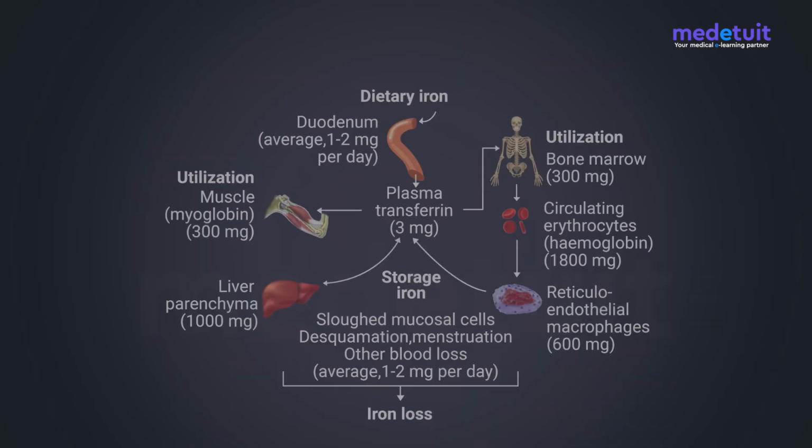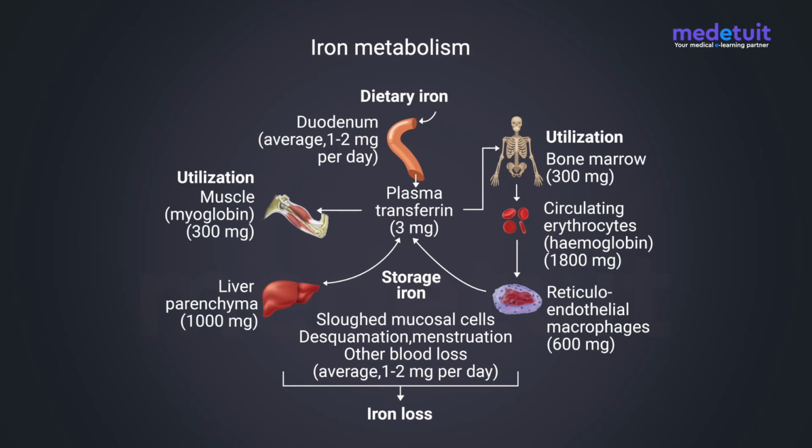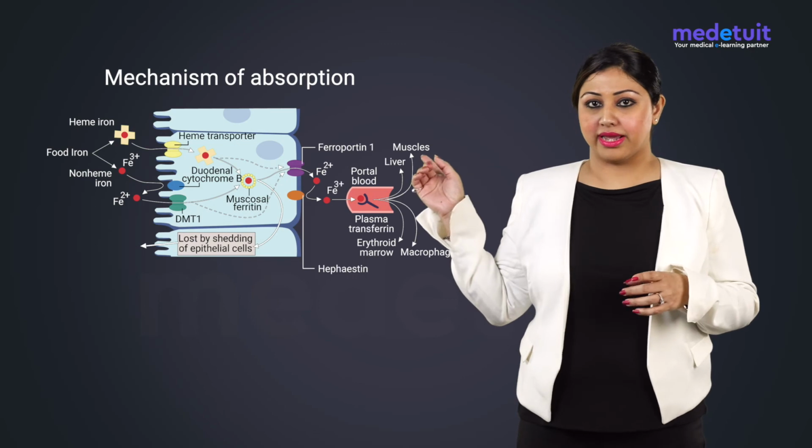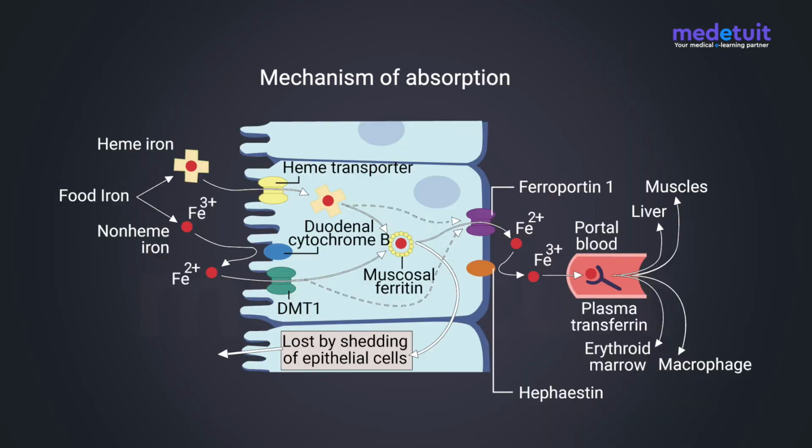So now we will see the iron metabolism. So as you can see in the first diagram, the dietary iron supply is 1 to 2 milligrams per day. Now iron is absorbed from the mucosal cells of duodenum. So the site of absorption is the mucosal cells of duodenum. The mechanism of absorption, you can see it in the second diagram. The food iron can be a heme iron or a non-heme iron.